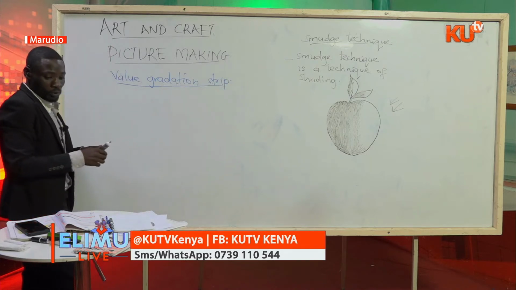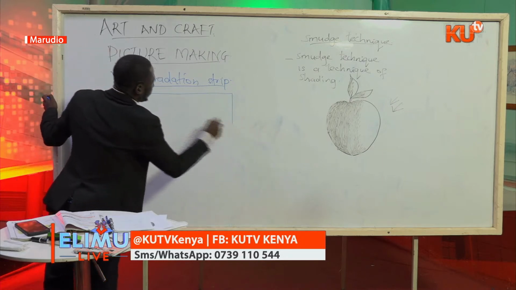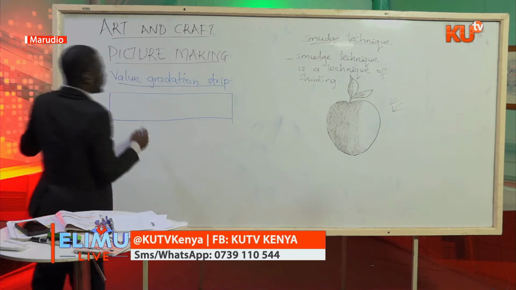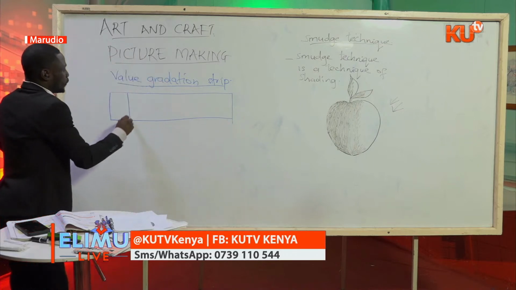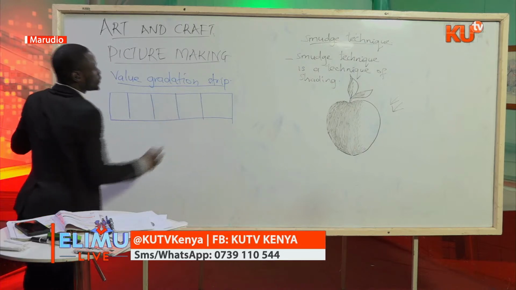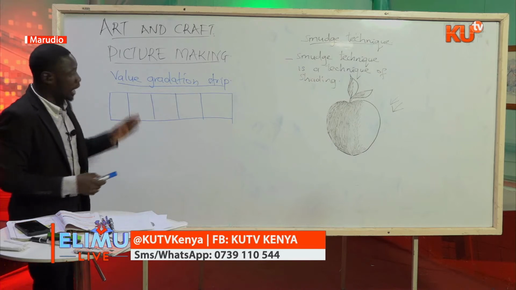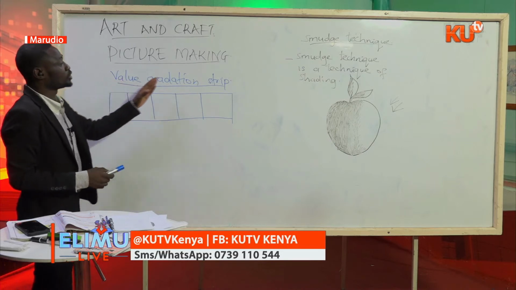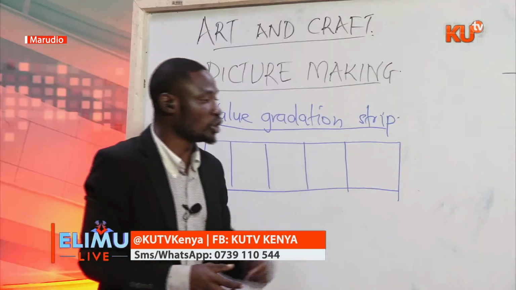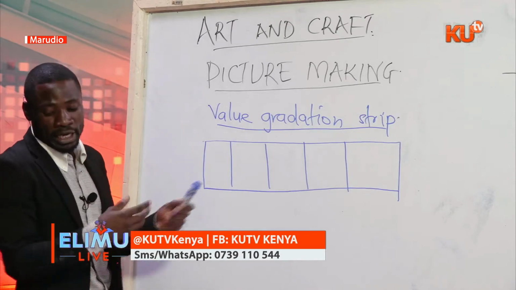So we will draw strips. For us to come up with a good value gradation strip, we must identify which side is going to be lighter and which side is going to be darker, or the darkest.